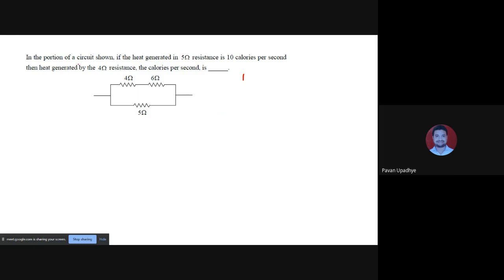Now, in the portion of circuit shown, so this is not a complete circuit, this is some part of the circuit. If the heat generated in 5 ohm resistance, where is 5 ohm resistance? Over here, yes, is 10 calories per second.